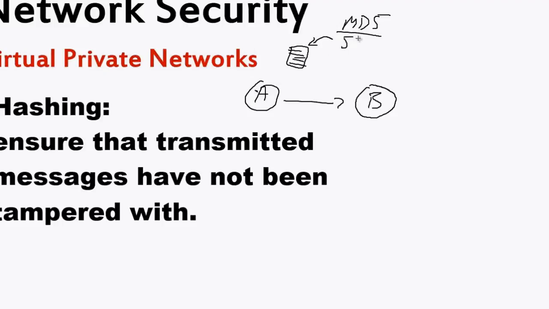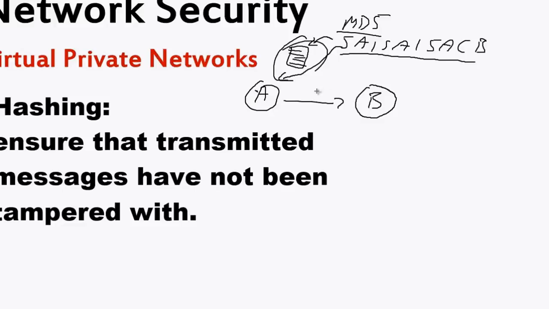Let's say it's 5A1SA15A. Okay, that's what you received. I'll show you an online tool, you can play with it. You attach that to this email as well, and of course your original message.